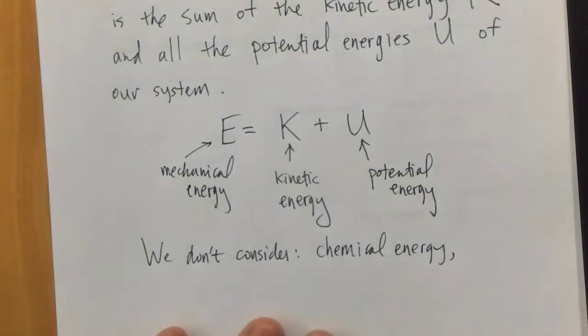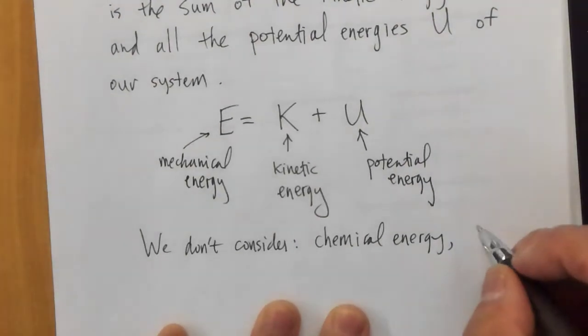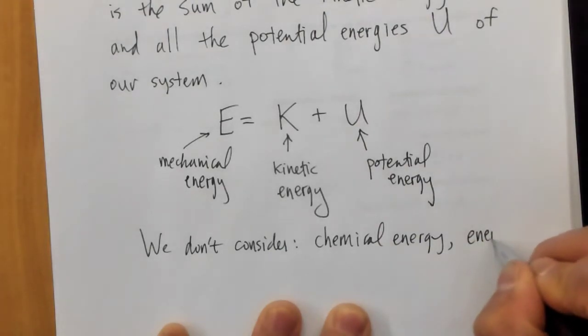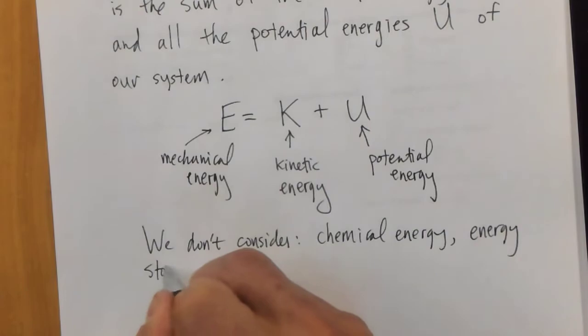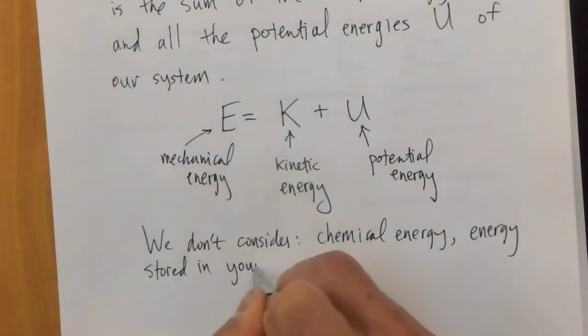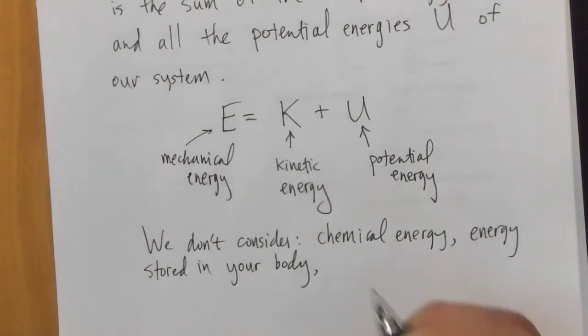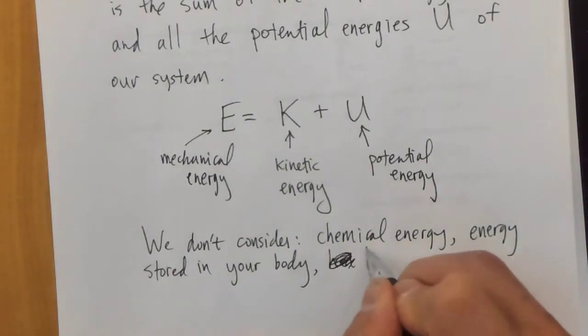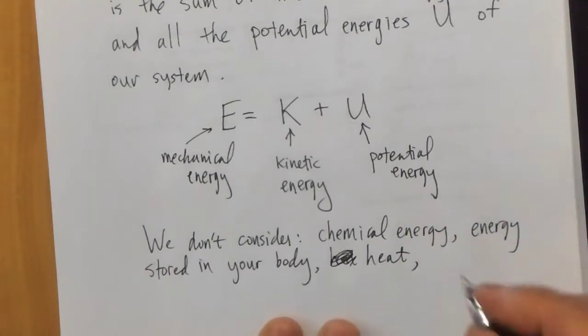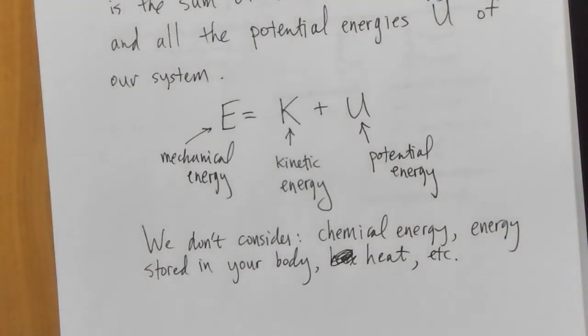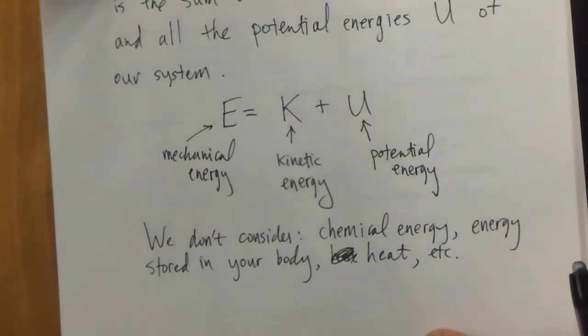Since I mentioned bodies, we don't consider the energy stored in your body. And we don't consider heat. We could go on. We could talk about the energy stored in sound. Why are we ignoring these things? Because they're really complicated. This mechanical energy stuff with kinetic and potential, they are pretty easy, or not easy, but they follow very simple rules at least. Any questions about this?